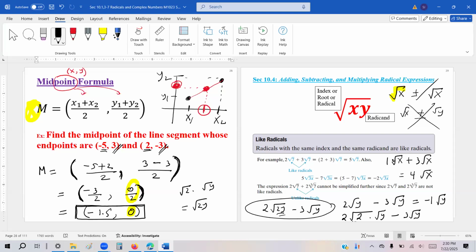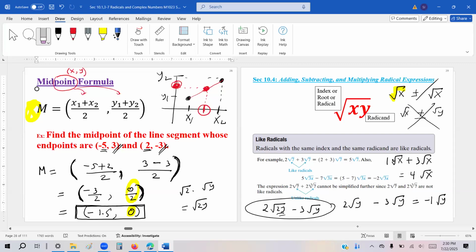It says you have to do multiplication and division first before addition and subtraction. But we get 2y, and the other one gives us 1y. They are not the same, so you cannot add or subtract them. Even if the inside is almost the same, you still cannot add or subtract unless it is exactly the same thing. You have to have the exact same thing inside the radical, then you can add or subtract the coefficients.